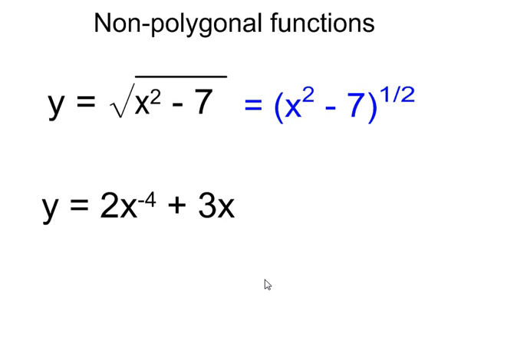The powers always have to be positive integers, which means positive whole numbers. So 1/2 does not work. In the second example, 3x is okay, but 2x to the power of negative 4 is not. The negative 4 is what causes this to be a non-polynomial function.